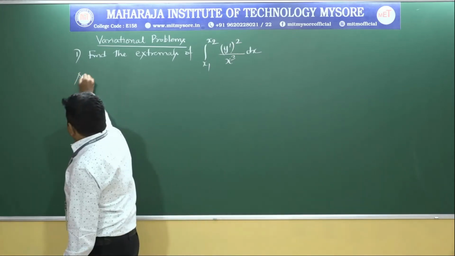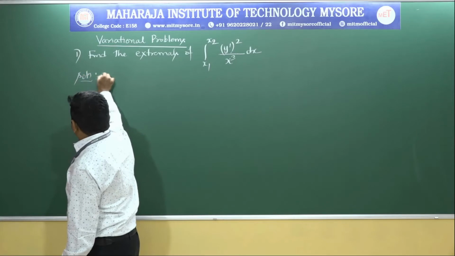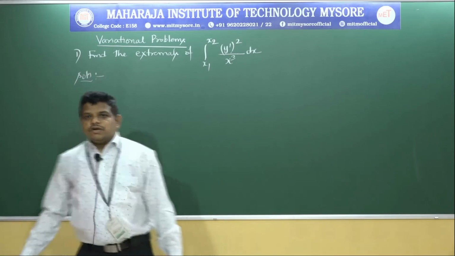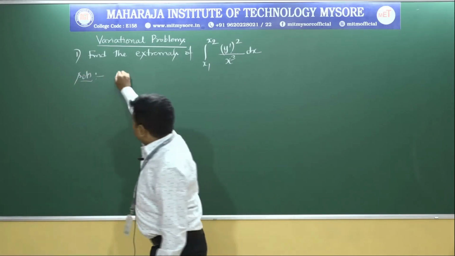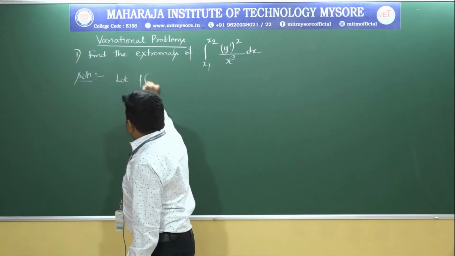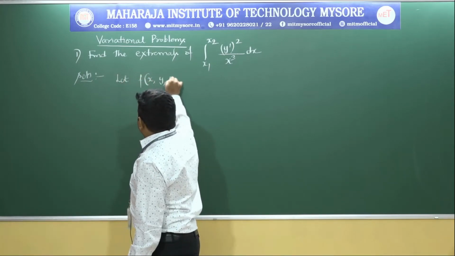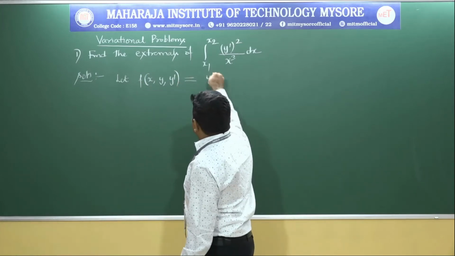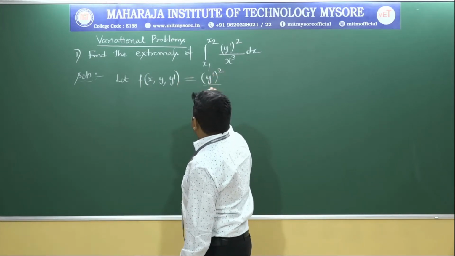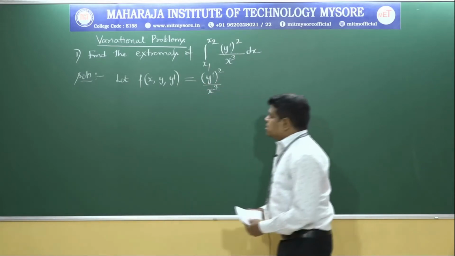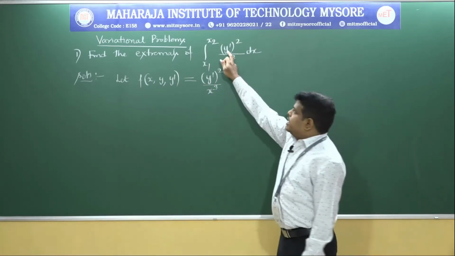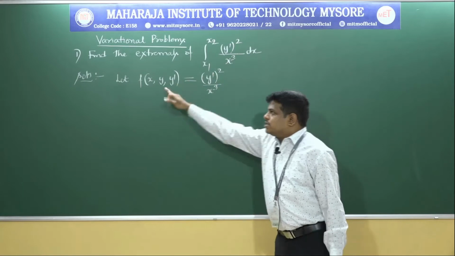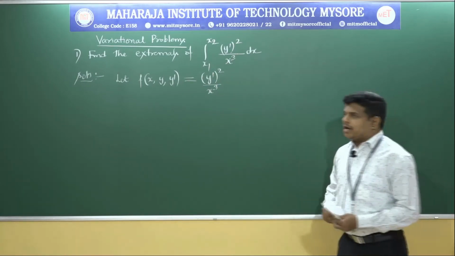Next, the solution of this problem. First, we shall denote f of x comma y dash equal to y dash whole square divided by x cube. I am denoting y dash whole square divided by x cube as f of x comma y dash.